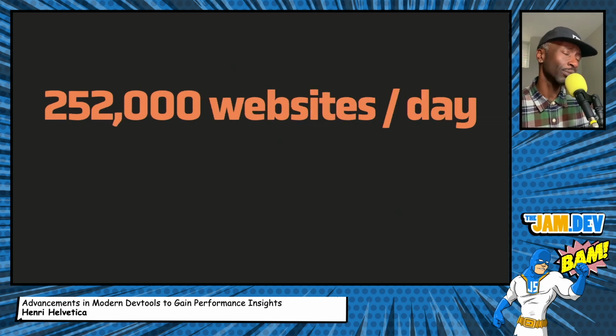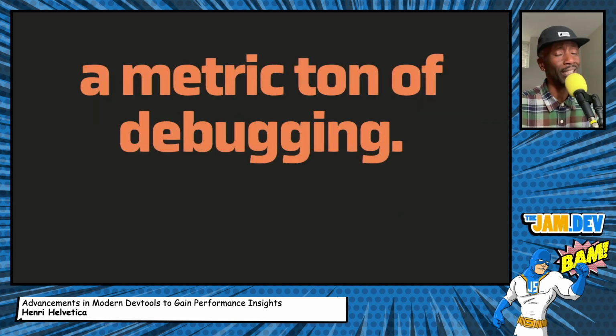That's also 250,000 websites deployed per day. That's kind of crazy. Some people at Vercel will tell you that most of them are being deployed on Vercel, but I don't know about that either. Either way, that's a lot of websites, and a lot of debugging to do. In fact, that's probably a metric ton of debugging.